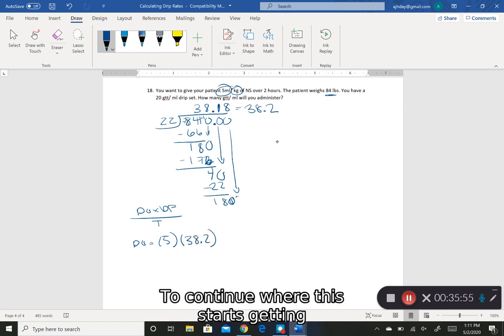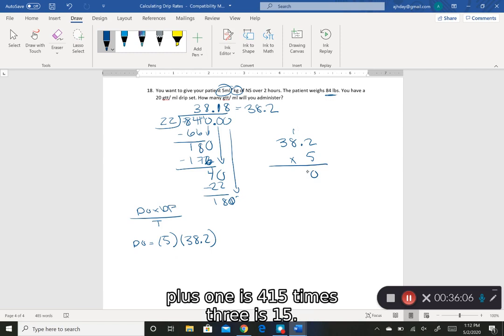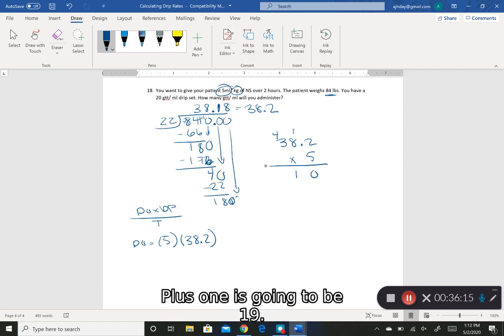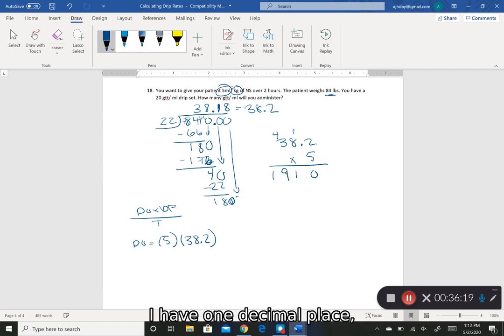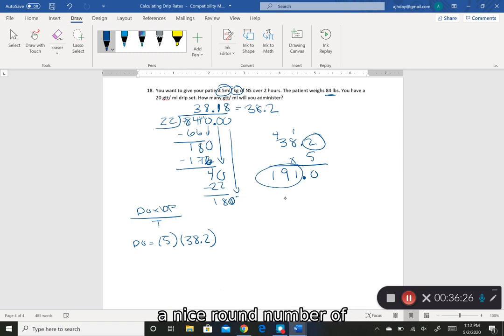So you can see where this starts getting a little complicated. 5 times 2 is 10. 5 times 8 is 40, plus 1 is 41. 5 times 3 is 15, plus 1 is 19. I have 1 decimal place in my problem, so I have 1 decimal place in my answer. So at least it does give me a nice round number of 191.